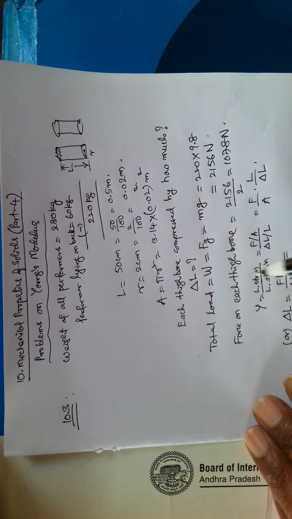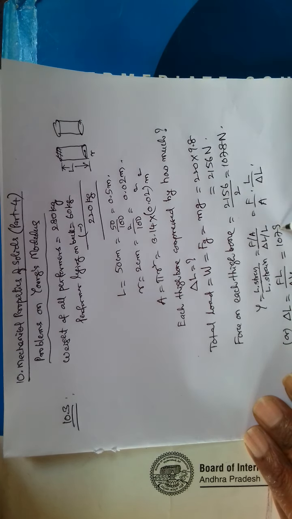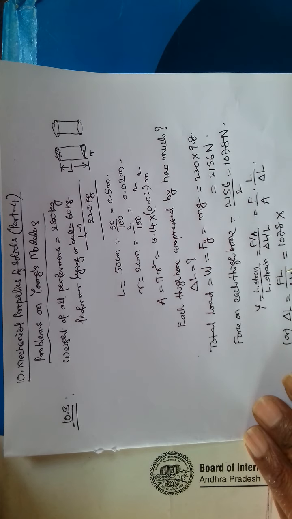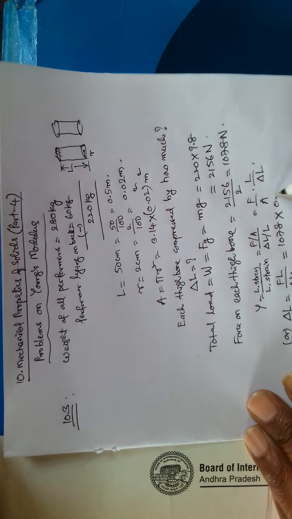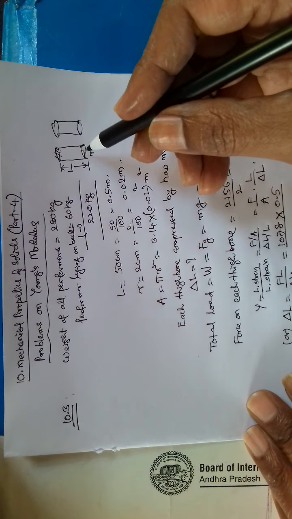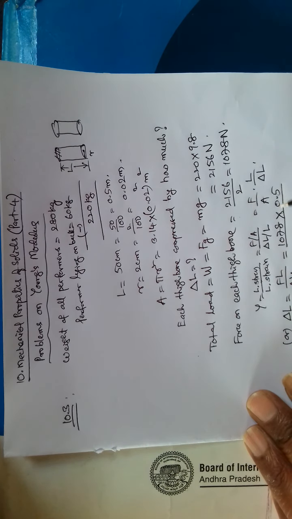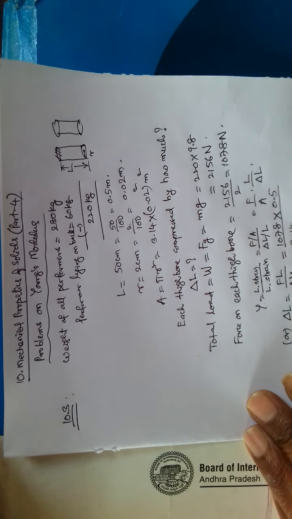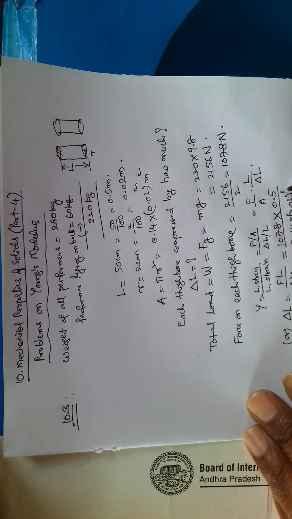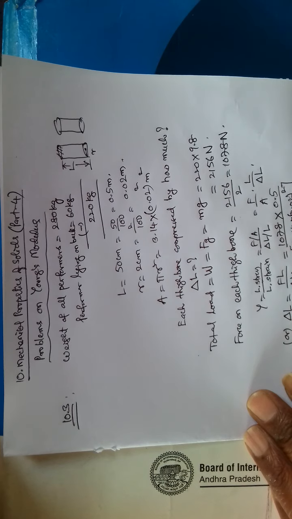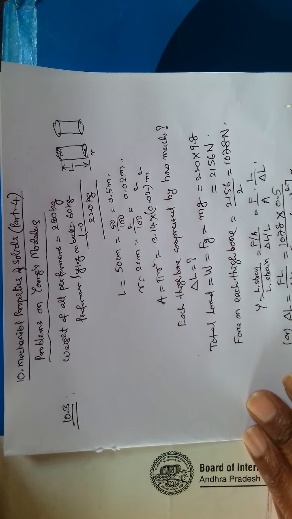F means force on each thigh bone, 1078, into length. Length of each thigh bone is 0.5 meters. Area, the cross-sectional area of each thigh bone, is 3.14 into 0.02 whole square, into the Y value.